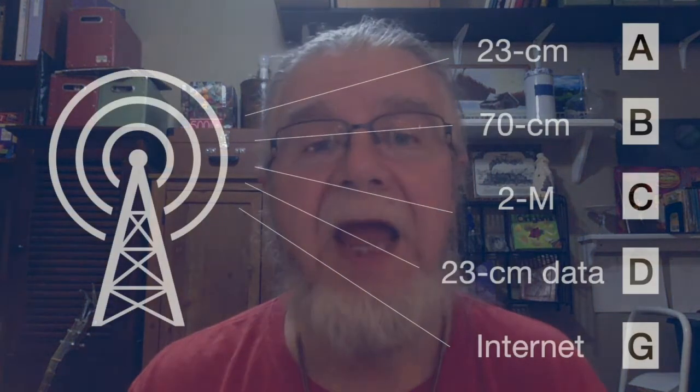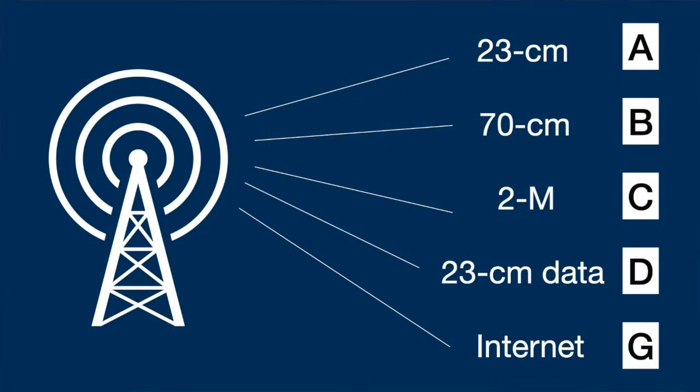The D-Star repeater call sign must include the appropriate port designation: A, B, C, D, or G. Port may also be named module or node in some systems. Port A is assigned to the 23 centimeter band. Port B is assigned to the 70 centimeter band.